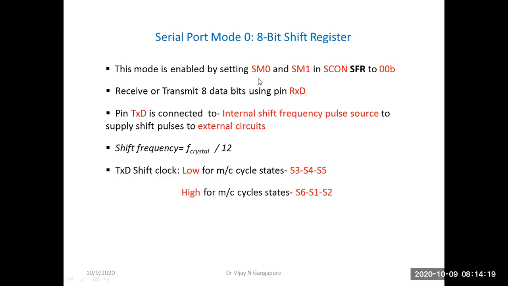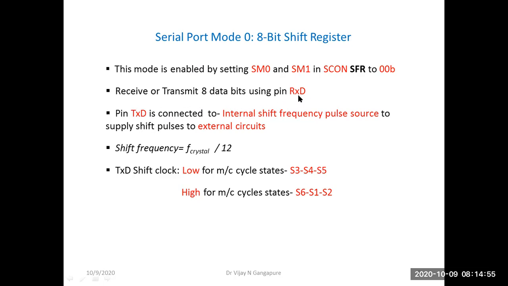So we have to program only SM0 and SM1 bit to configure serial port of 8051 in various modes, that is mode 0, mode 1, mode 2 and mode 3. So this shift register mode, that is mode 0, can be configured by making SM0 and SM1 bits in SCON SFR 00. And we can do reception and transmission of data using only one pin, and that is RxD pin.